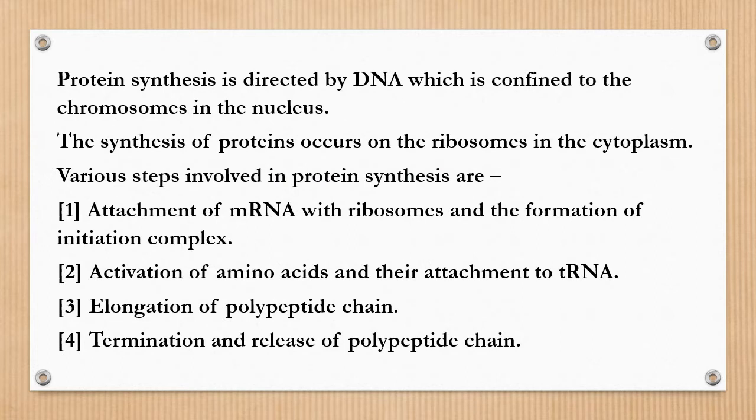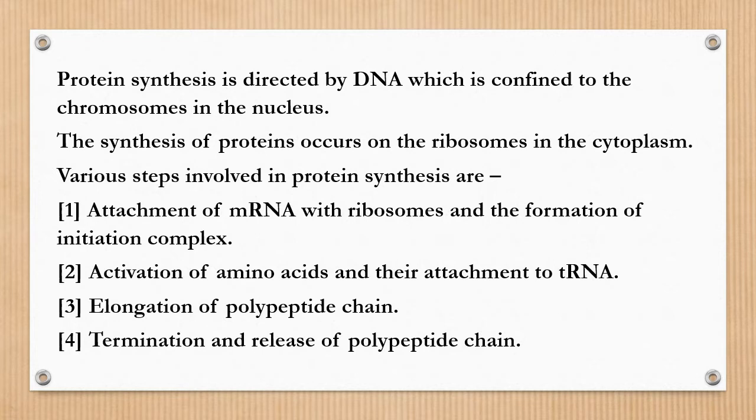Protein synthesis is directed by DNA, which is confined to the chromosomes in the nucleus. The synthesis of proteins occurs on the ribosomes in the cytoplasm. We already discussed this during transcription in prokaryotes as well as in eukaryotes.